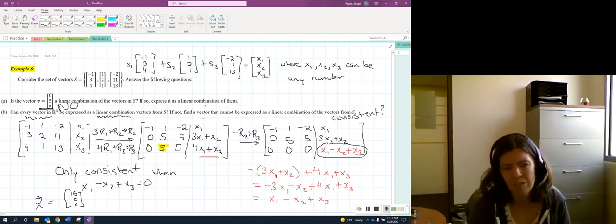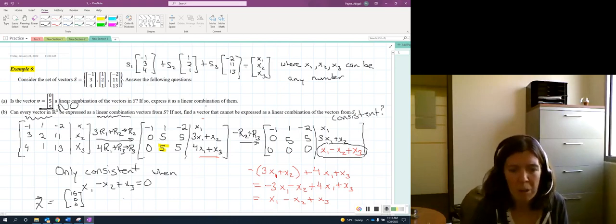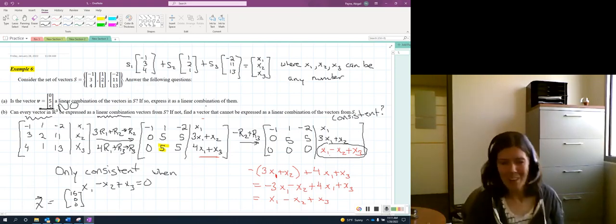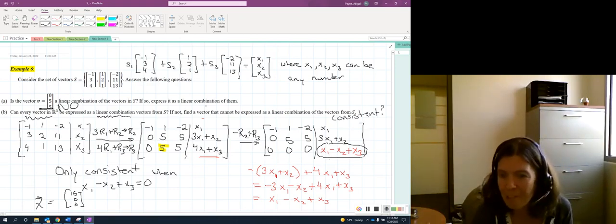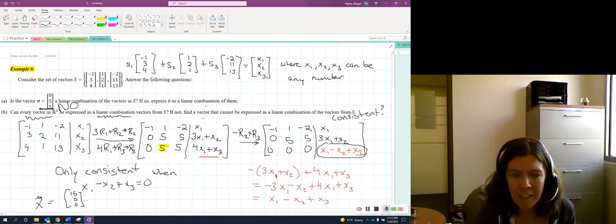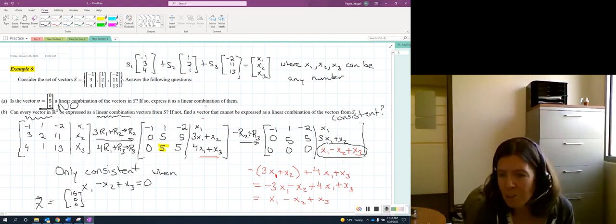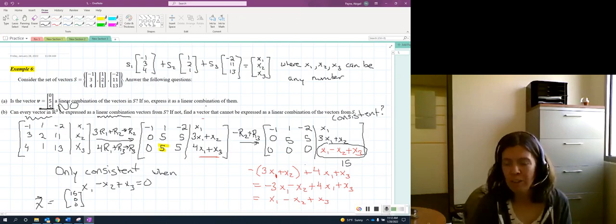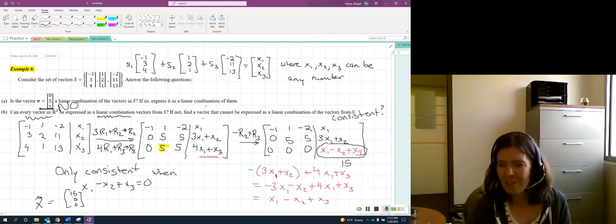That's a false statement, so the system would be inconsistent. For the vector 15, 0, 0, you would end up with a 15 right here, and then your last row is going to be zeros across the board equals 15.